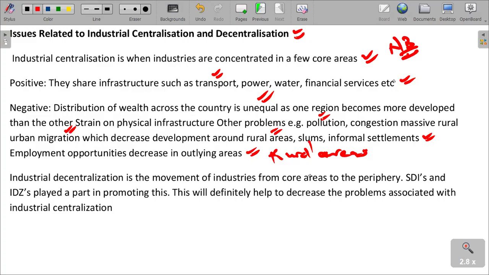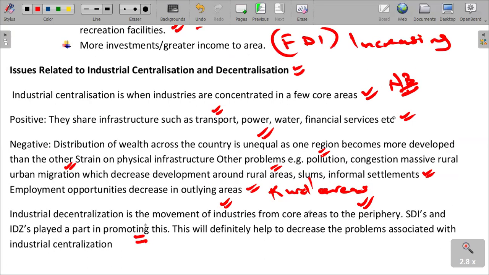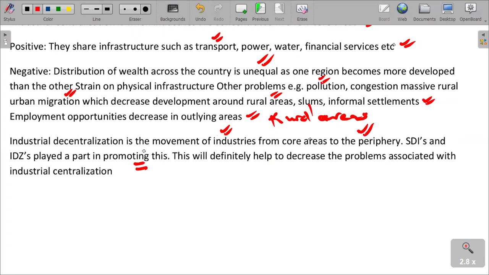Industrial decentralization is the movement of industries from core areas to the periphery. Industries are relocated, built, established out of the core areas or within the periphery. So SDI and IDZ played a part in promoting the decentralization process. This will definitely help to decrease problems associated with industrial centralization.